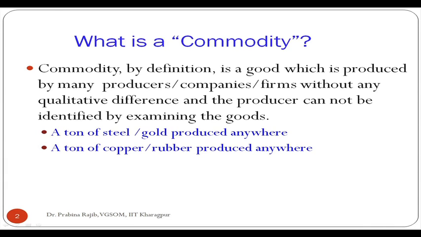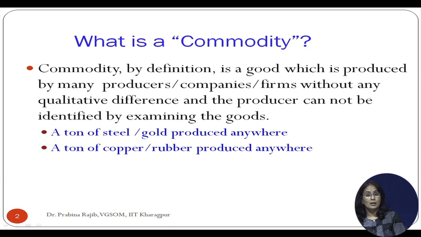Similarly, the same thing is applicable to moong dal, rice, almonds, cashew nuts, raisins, many things which we buy from neighborhood shops. We will not be able to say who is the producer of that commodity by merely examining the product we are holding in our hand.